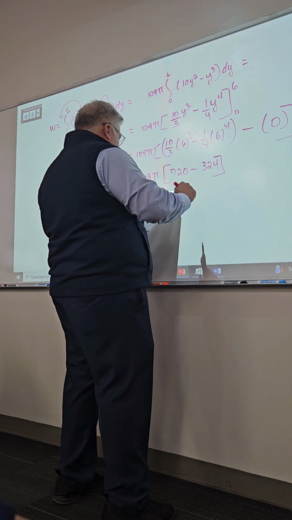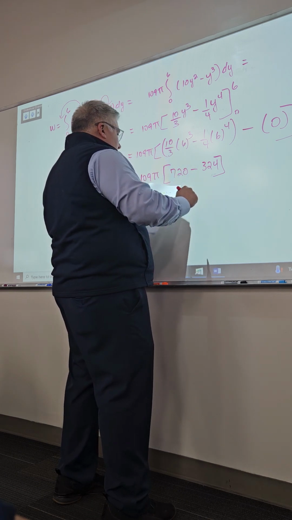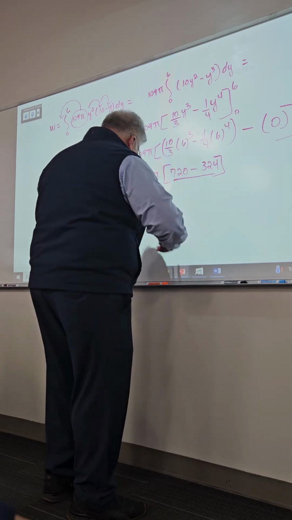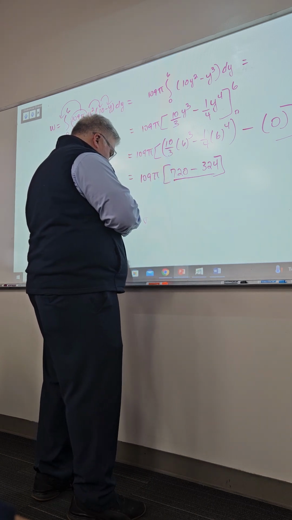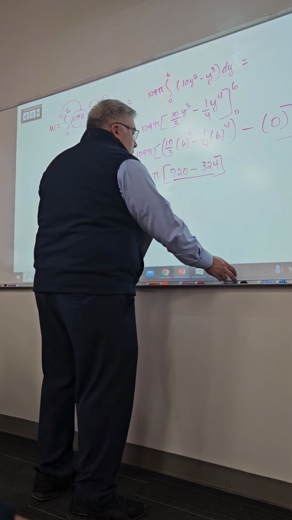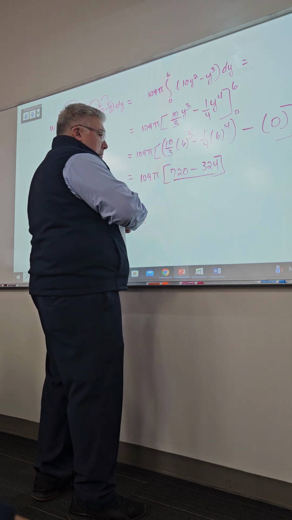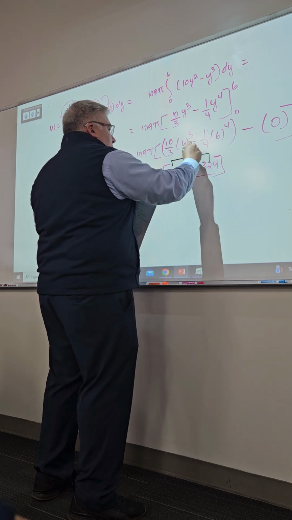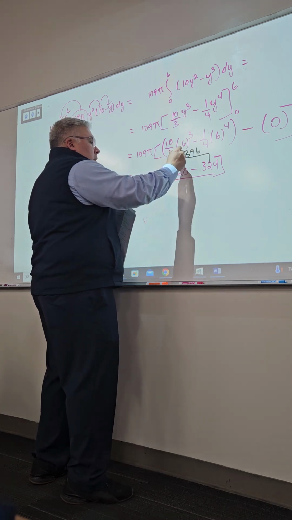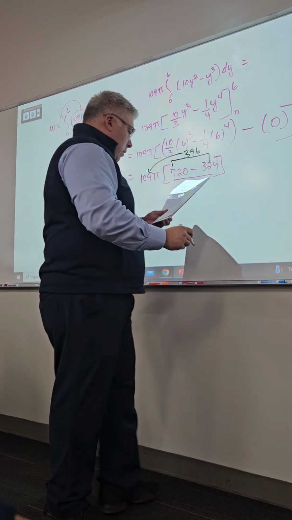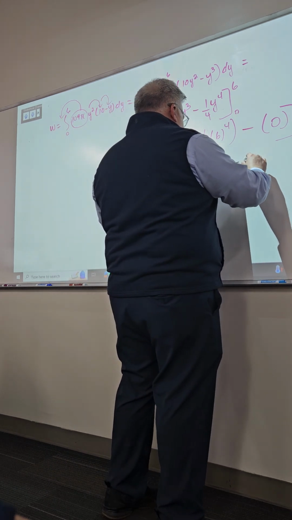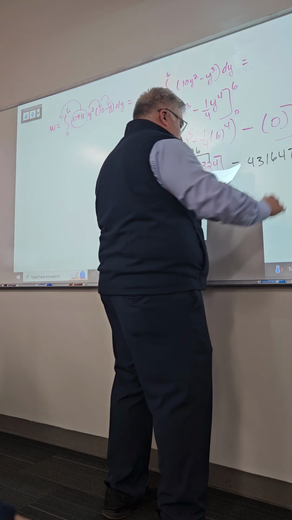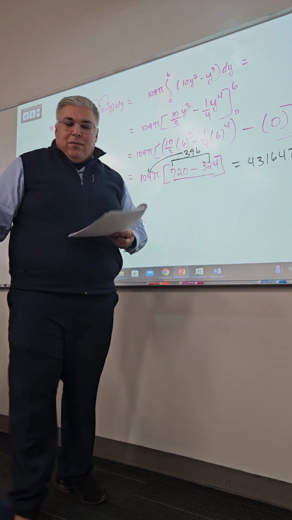So when you subtract this, what do you get? 396. So we're going to take that 396 and multiply it by the 109. And that's going to give me 43,164 pi.